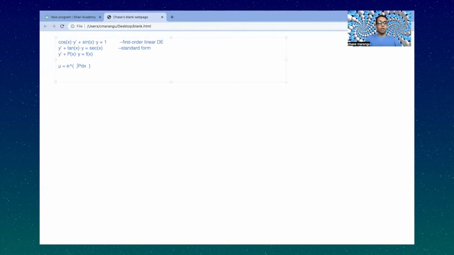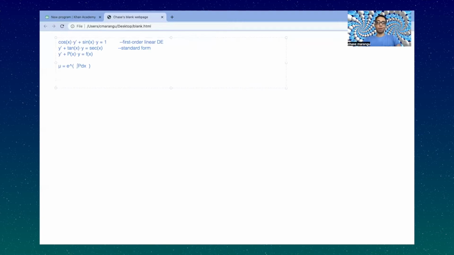There's a reason for this: mu prime equals p times mu, because we use the product rule. There are a whole bunch of reasons for why this is, but I'm just going to skip over that and get to the computation.